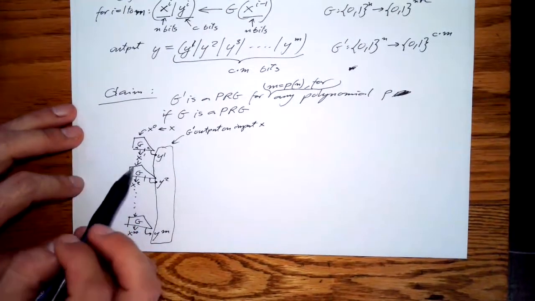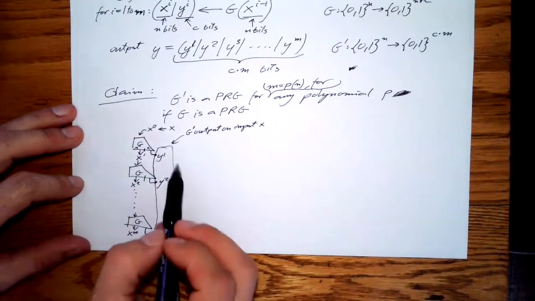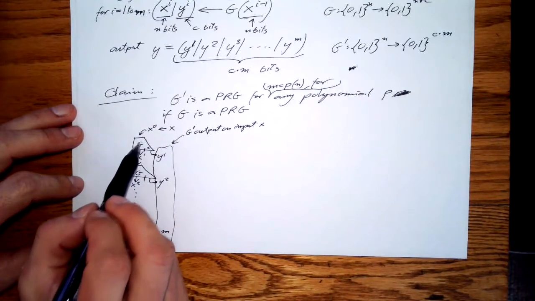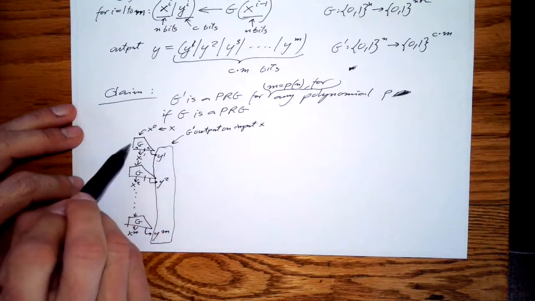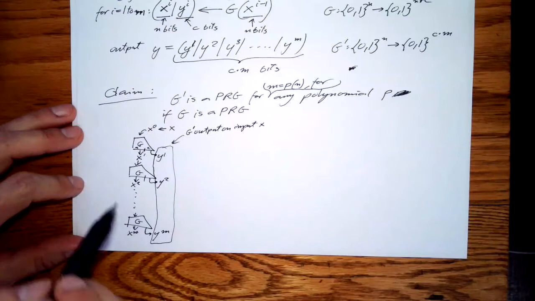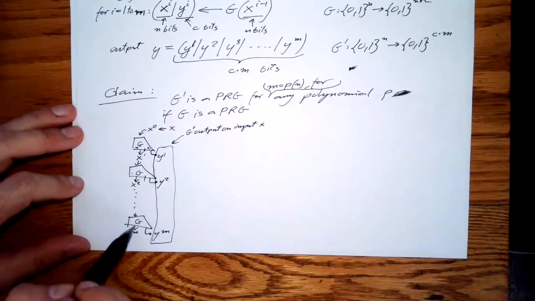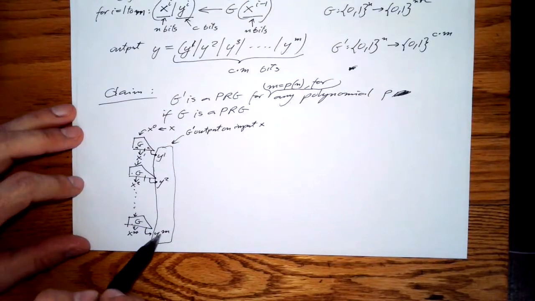I don't have the quadratic issue anymore. Whatever the cost of processing n bits using this small PRG construction is, the whole thing runs it, and whatever the cost is, it's the same in all instances, times m.